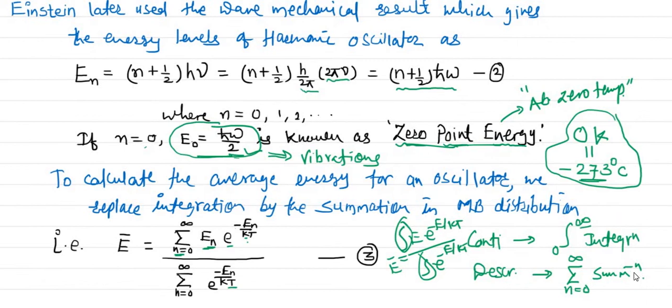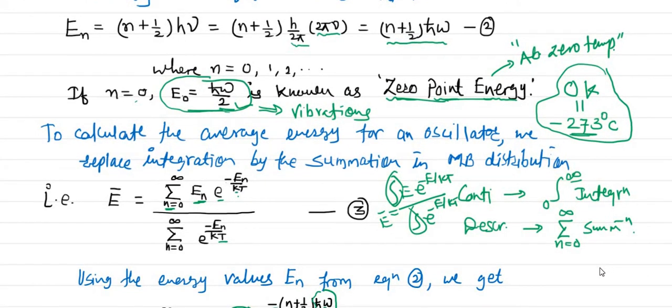That means even at 0 Kelvin, which is absolute zero temperature, minus 273 degrees Celsius, the atom does have some vibrations, because that energy comes from the vibrations. That's why it is also known as zero point energy.